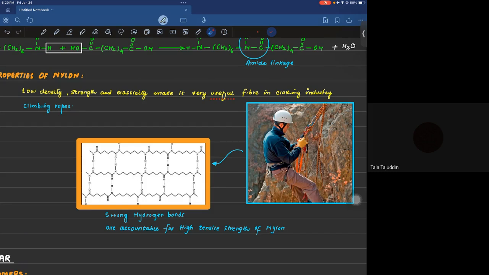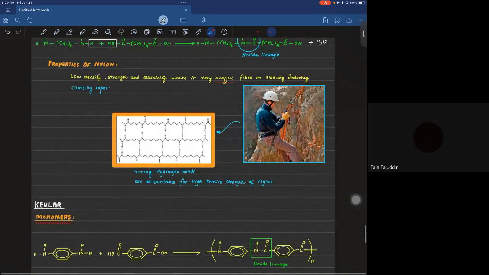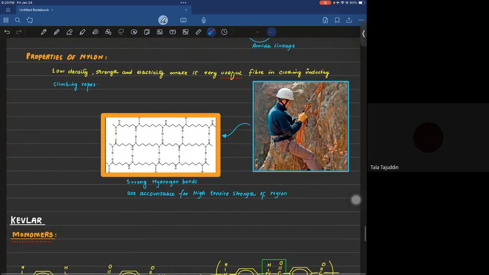Then after this, we have Kevlar. Kevlar is also a polymer which contains amide linkage. Again, I need monomers.